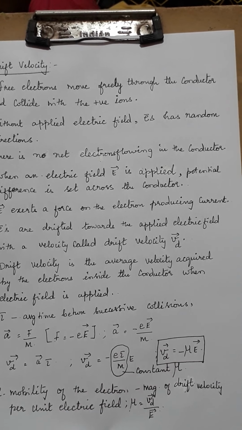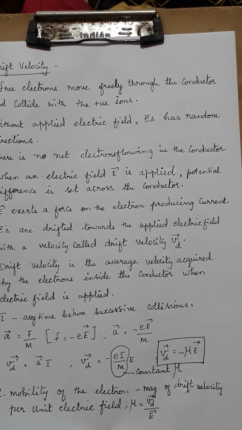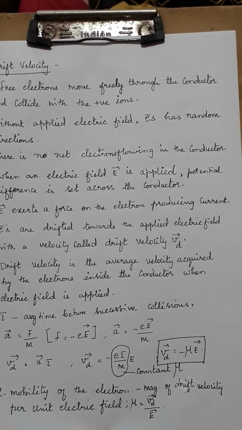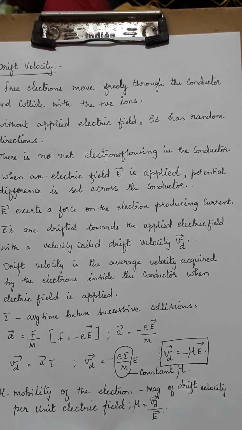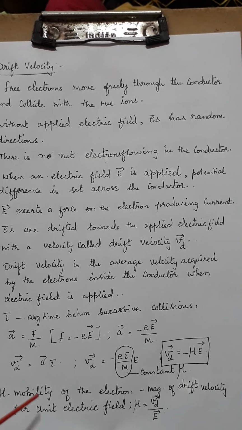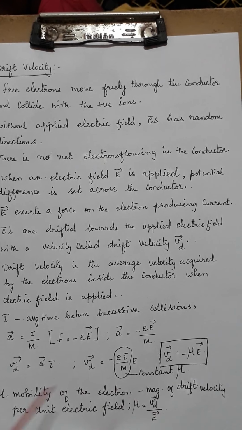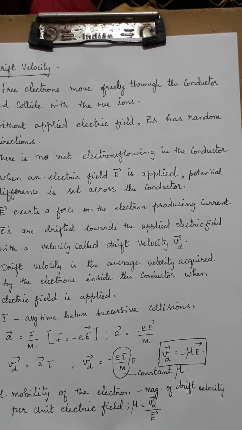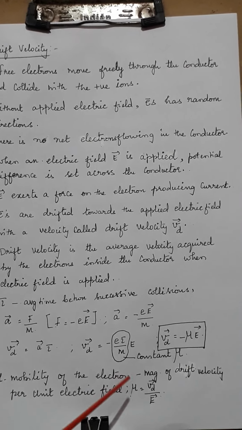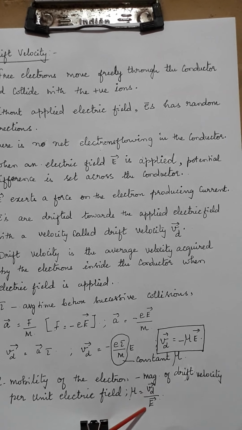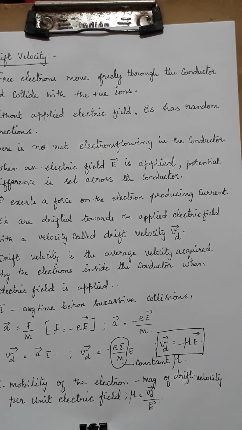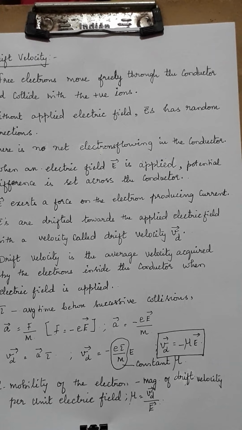What is this mu? Mu is nothing but the mobility of the electron. How do we define mobility? Mobility is the magnitude of drift velocity per unit electric field. So mu = Vd/E. What's the relationship between mobility and drift velocity?